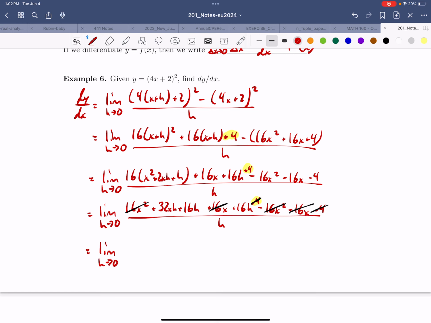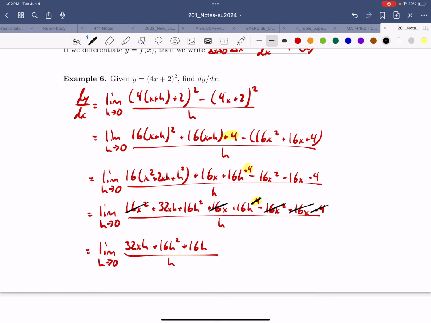Anyway, we're left with this. Oh, that should be h squared. My apologies there. So this is plus 16h squared plus 16h all over h.